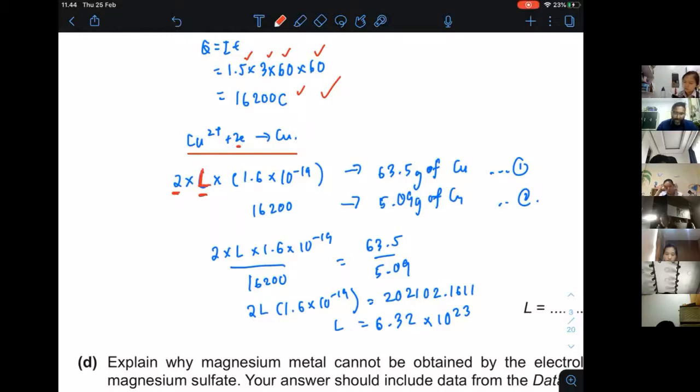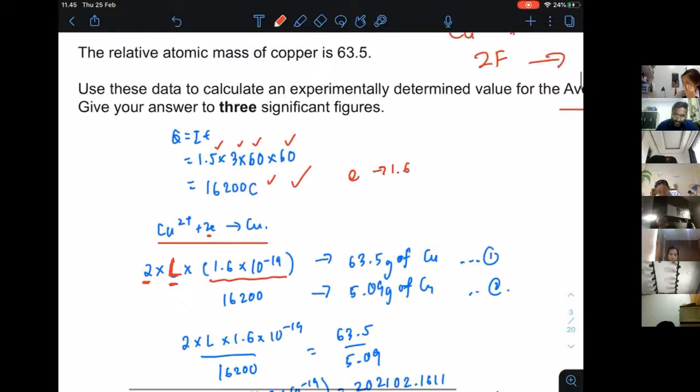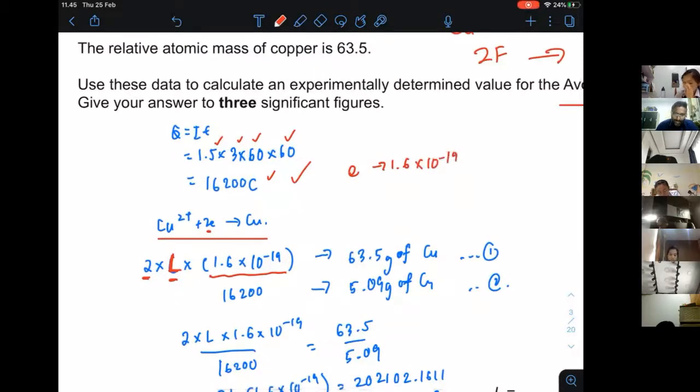It means 2 times the Avogadro constant, times the charge of 1 electron. 1 electron has a charge of 1.6 times 10 to the negative 19. Now I have 2 moles times 2, and it's not only 1 electron. It's going to be for 1 mole of electrons, and we need to know how many electrons 1 mole has.